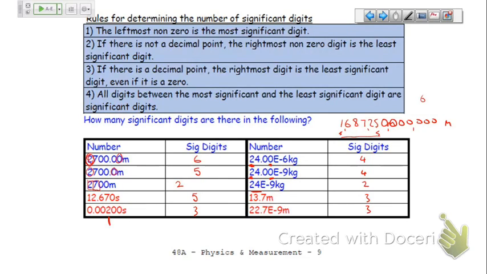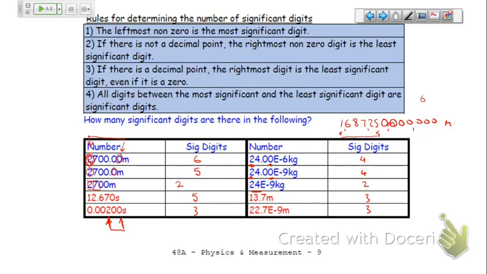And then if there is a decimal point, you took all the trouble to put that decimal point there, so you mean every column. So that 0 counts. Now down here I've got a decimal point, but I still take this as my most significant digit, and that's my least significant digit, and I count all the ones in between.